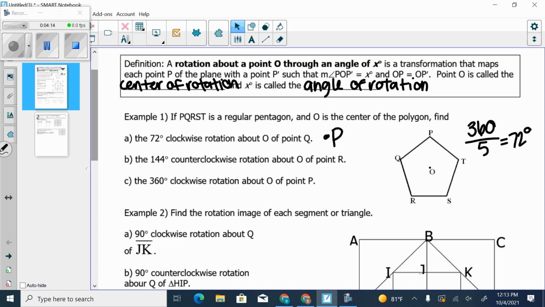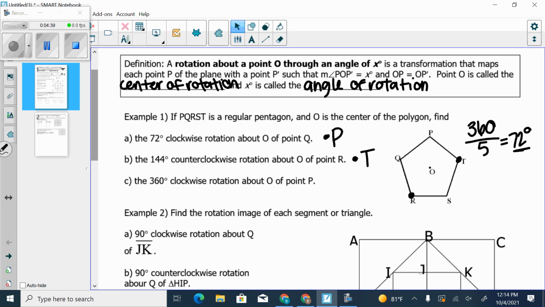All right, B says that they want us to go 144 degrees counterclockwise, starting at point R. So counterclockwise would mean the other direction. Point T, right? Because 144 would be 2 of these, right? So 1, 2. That would put me at point T. Very good.